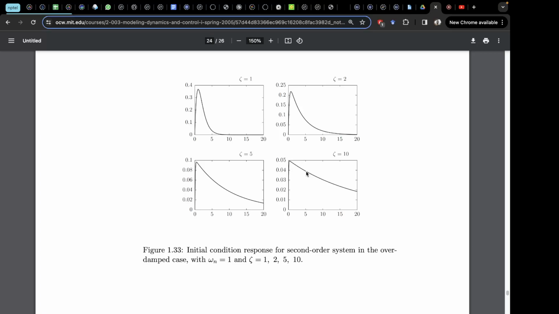These plots are made with the system at the mean position, that is x0 equal to 0, in which the spring is at its natural length, and you give an initial velocity. Another case could be that I displace the spring to a certain length, which is the door opening case, in which I displace the door to a certain angle and then let it go. That's a different kind of initial condition. But these remarks would still stay the same.